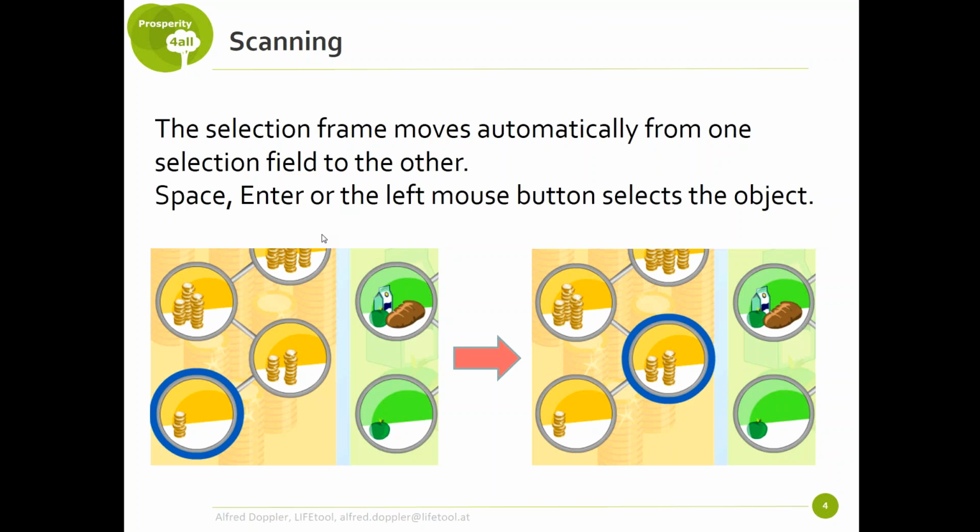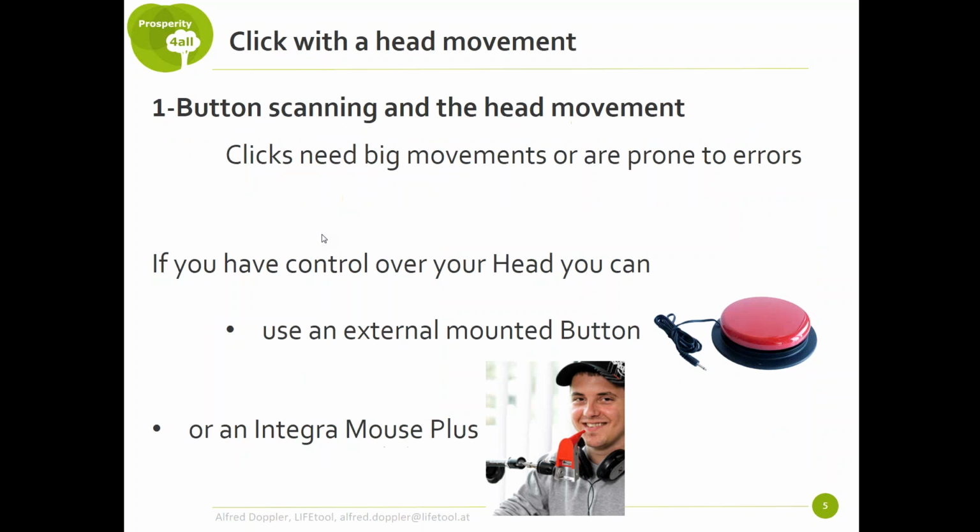So nearly all degrees of freedom are there for the user to control the system. For the first model, where we click with the head movement, we made this with one button scanning. This means you need only one thing to press, no matter how, and we take this input and start the exercise where the scanning frame is.